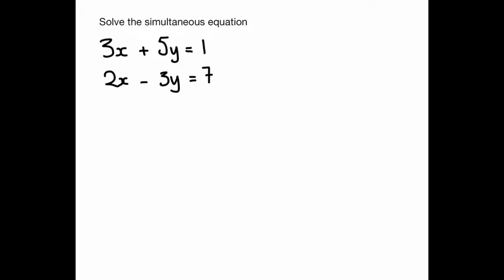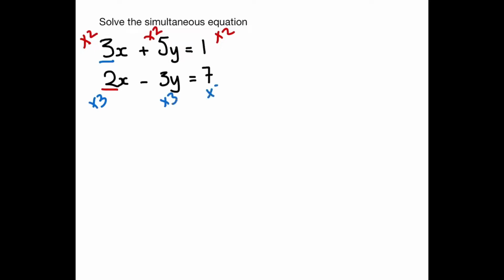Okay guys, so for the second equation, we want to do exactly the same procedure that we took for the first one. But this time we have different coefficients in front of x. So we need to make the coefficients the same. We do this by taking the coefficient of x in the bottom equation and multiplying the top equation by 2, and taking the coefficient of x in the top equation and multiplying the bottom equation by 3.